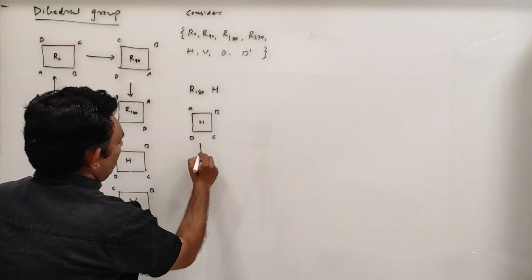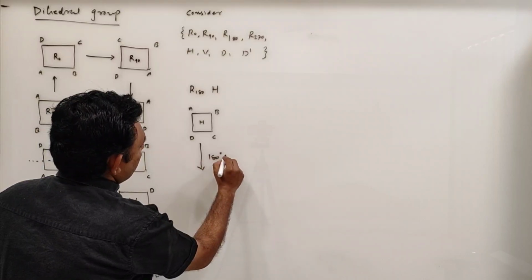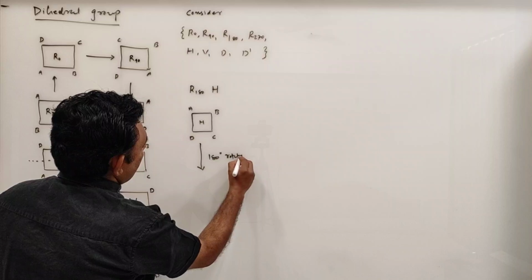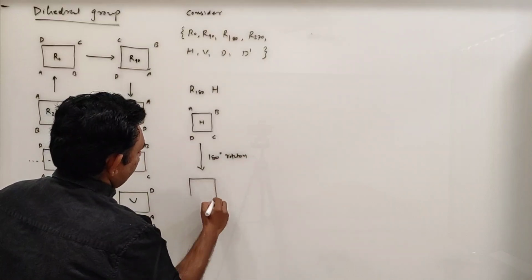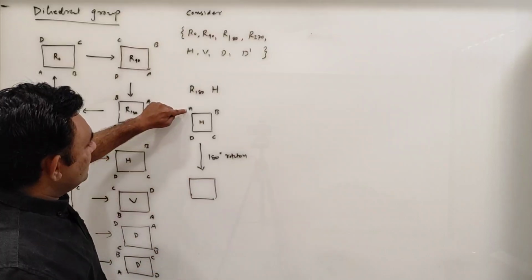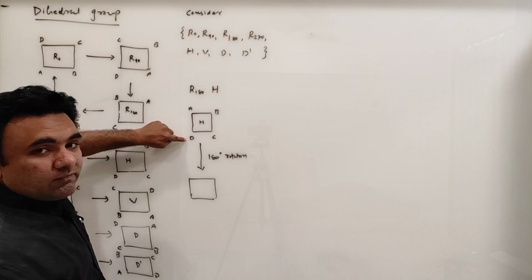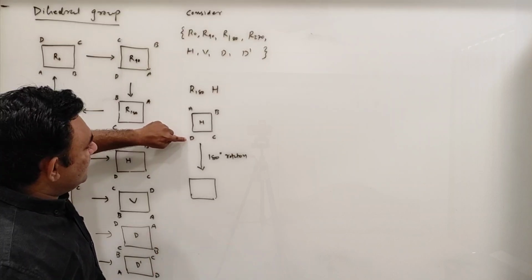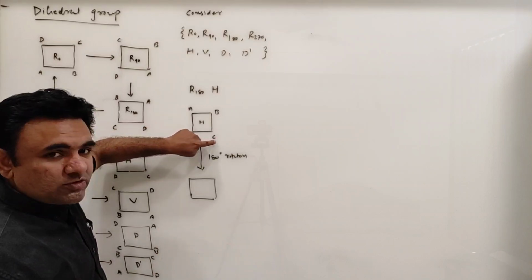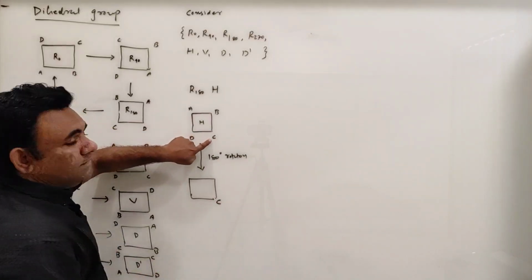So by giving 180-degree rotation, what do I get? If I take a 90-degree rotation, then A will move to D. But if I take another 90-degree rotation, then it will move to the position of C. So A will become C, right?